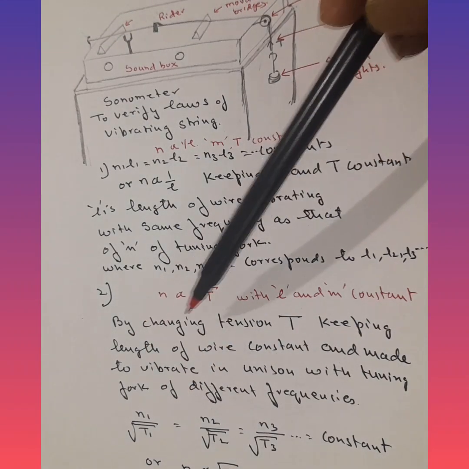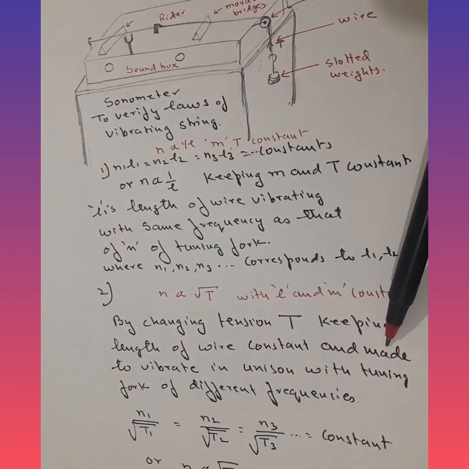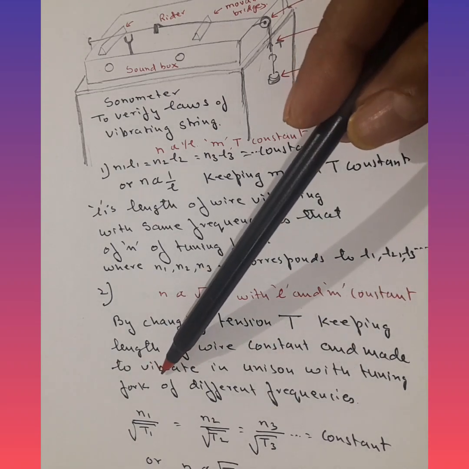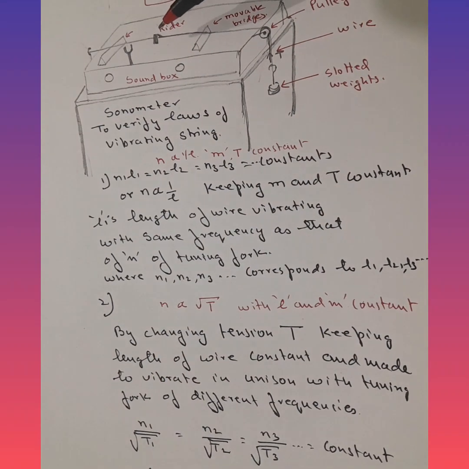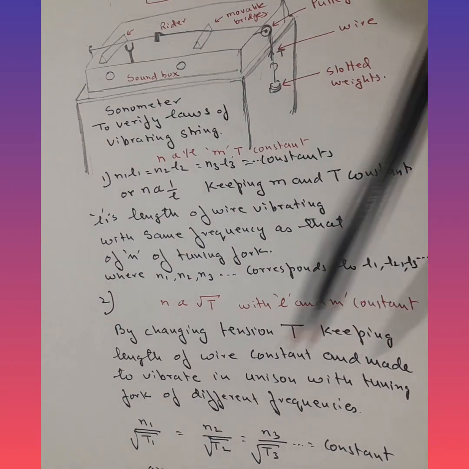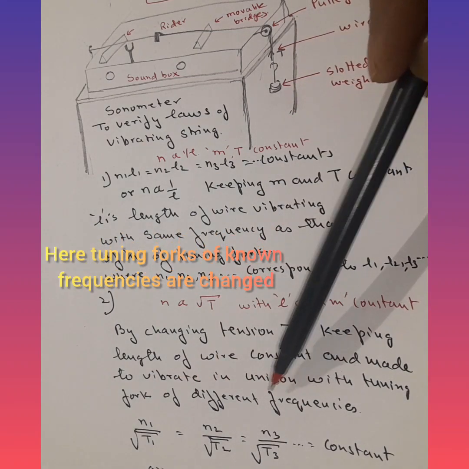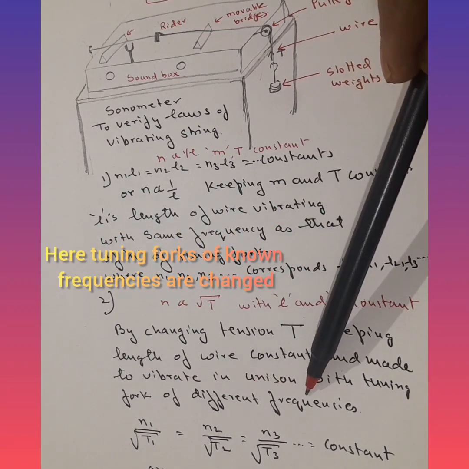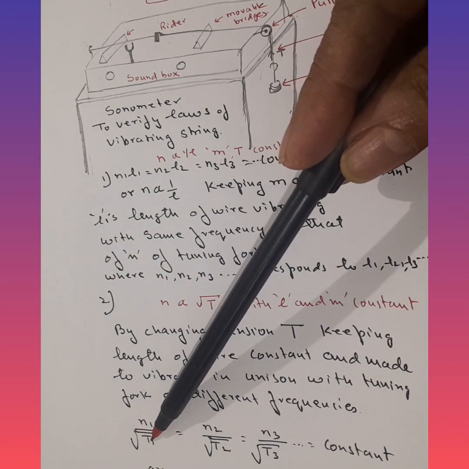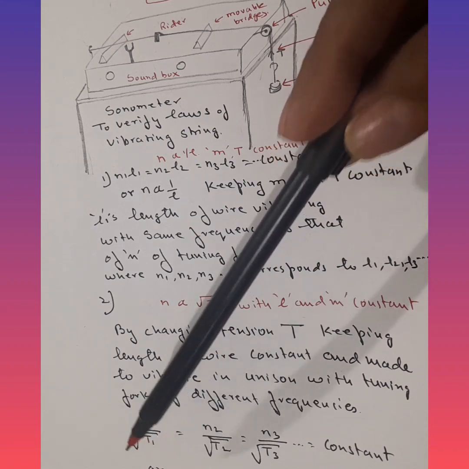What we find is, by changing tension T, keeping the length of wire constant and making it vibrate in unison with the tuning fork, meaning at that point where the rider would drop out, and making it vibrate in unison with tuning forks of different known frequencies, we found that this ratio N1 over root T1, now this root, as I mentioned earlier, was found out experimentally.